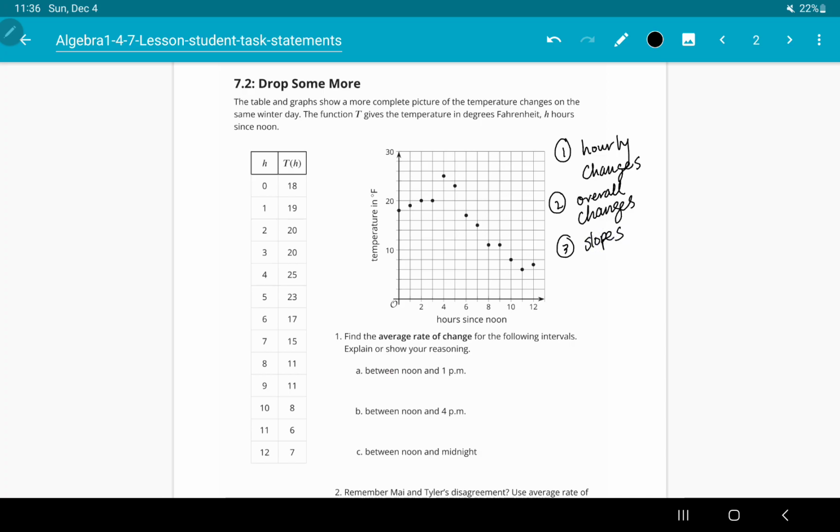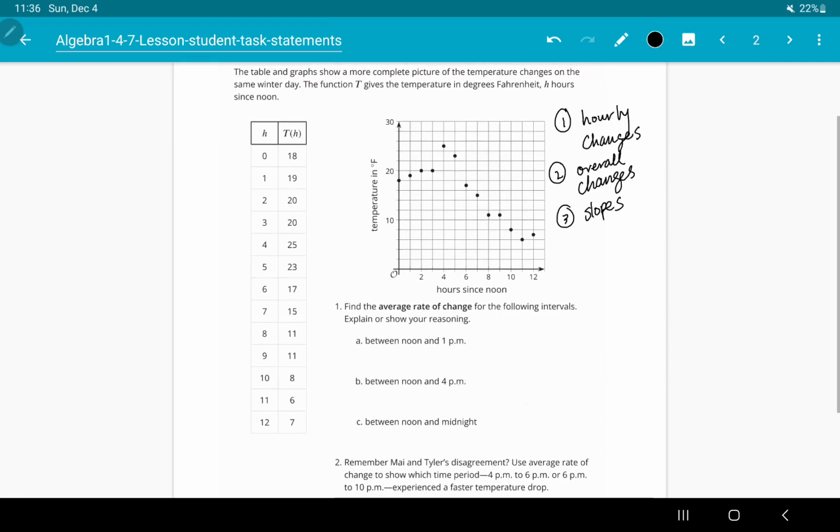So I'm going to try to do one of these for each problem. So let's do hourly changes for this one. Let's do slope for this one. And let's do overall changes for this one.